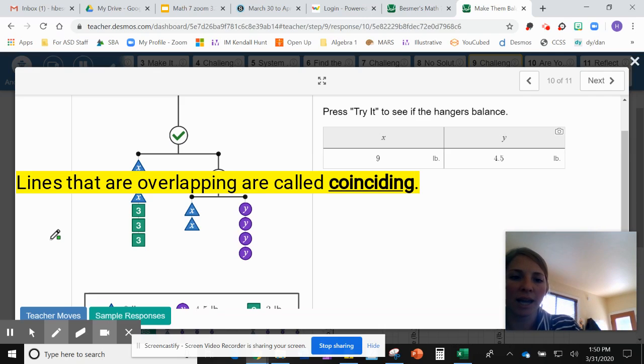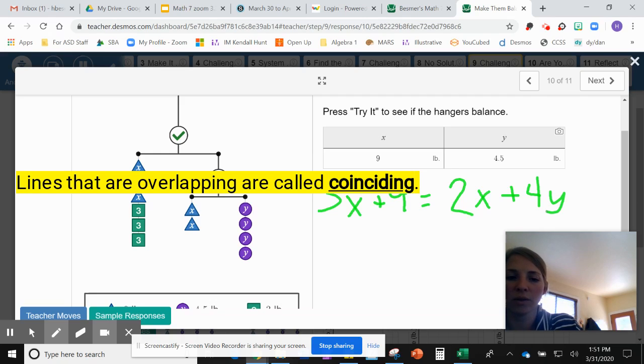So let's say I know that to make the first balance, I've got 3x plus 9, and I know that has to be equal to this part right here, that second hanger, which is 2x plus 4y. So I know that that's true. Then there's also another equation going on here.